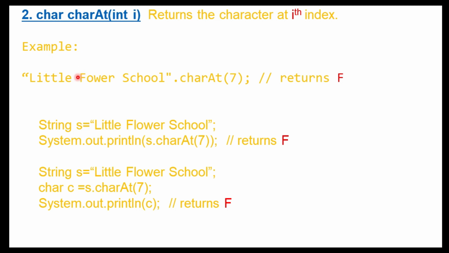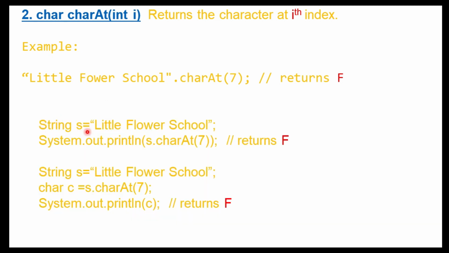So the character which is present at the 7th index position will be returned. Which character is present at the 7th index position? Capital letter F, that is returned here. Now string S is equal to little flower school. This is another way of using the function.